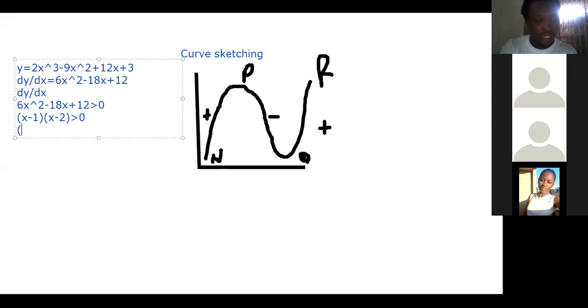So we can first do x minus 1, and then we can also do x minus 2.